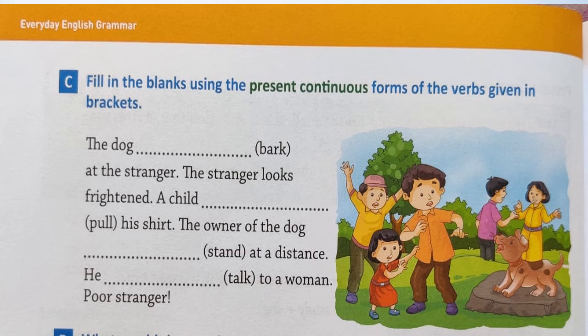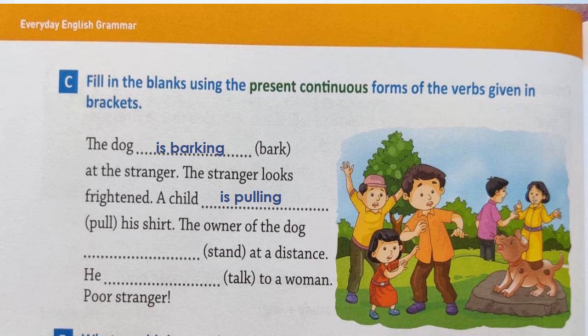Let's read. The dog dash. Now dog is singular, so is barking. Bark will become barking. The stranger looks frightened. Frightened means scared, okay? A child dash his shirt. Pull. So for child we will use is, right? So is, pull will become pulling. A child is pulling his shirt.